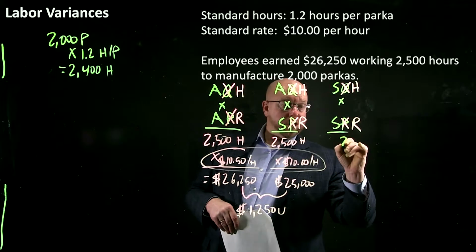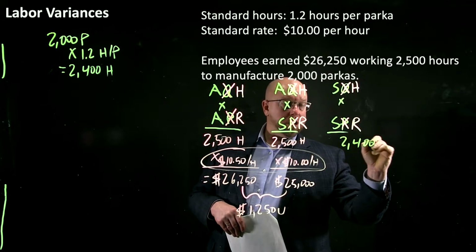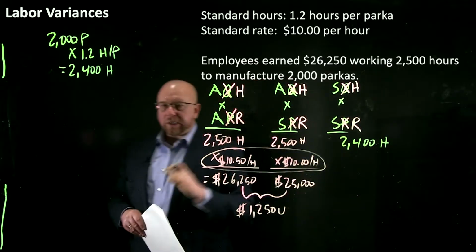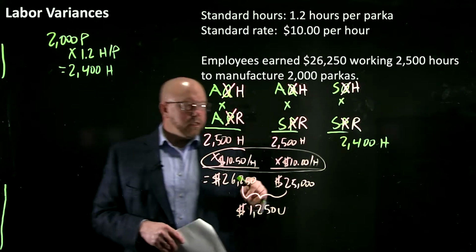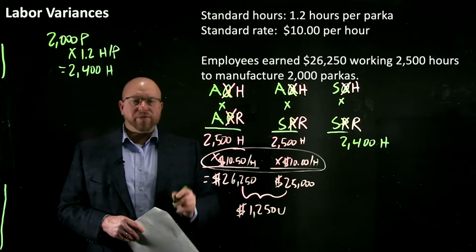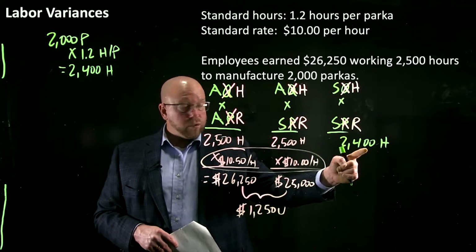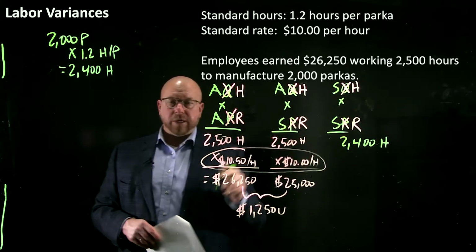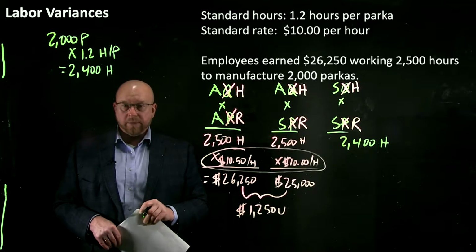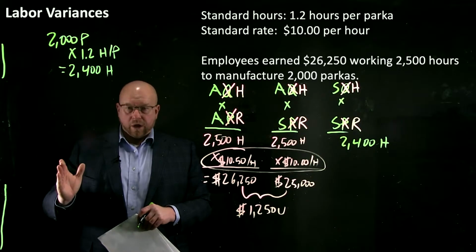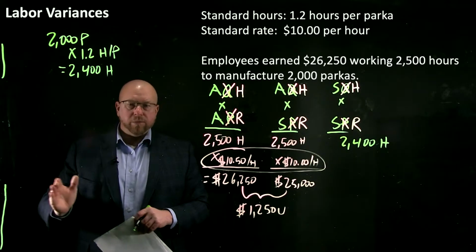So let's put that over here, 2,400 hours. And I can already tell you right off the bat that this is going to be an unfavorable efficiency variance because we were supposed to have 2,400 labor hours. We actually had 2,500 labor hours. I can already tell you there, unfavorable. We used too many hours.